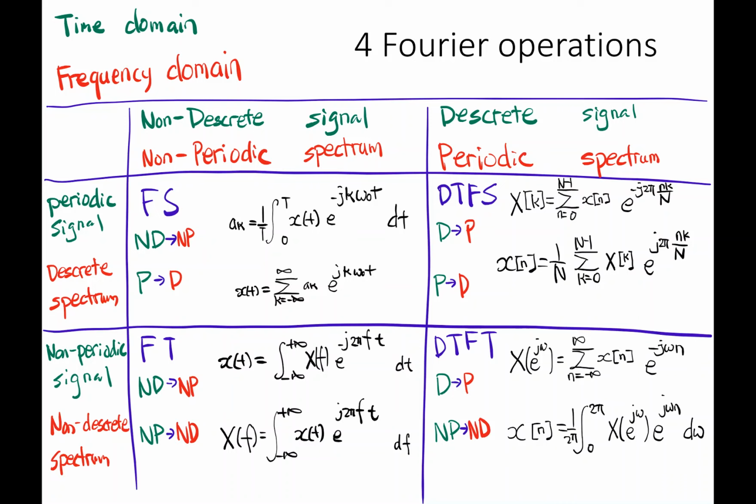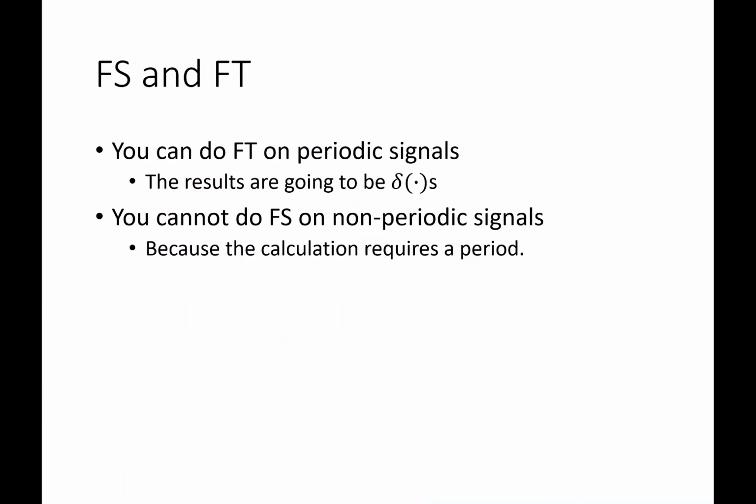You can still do Fourier transformation on periodic signals, but what you get are delta functions, because mathematically you get exponentials, sinusoids and cosines in the time domain, and their transformations are deltas. But the other way is not true. You cannot do Fourier series on non-periodic signals because the equation requires the length of the period.